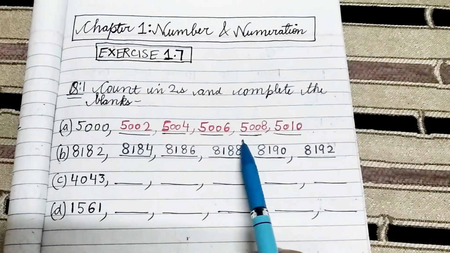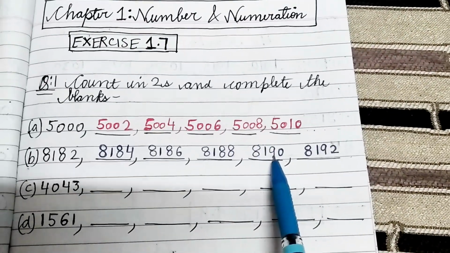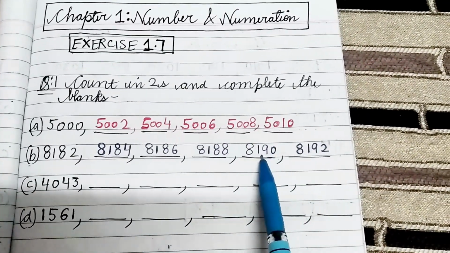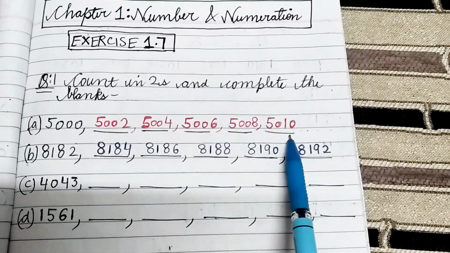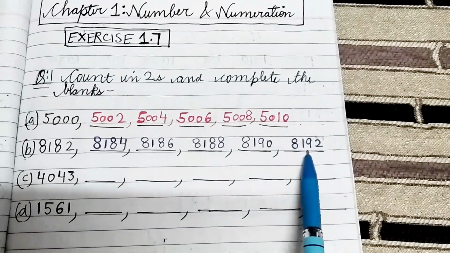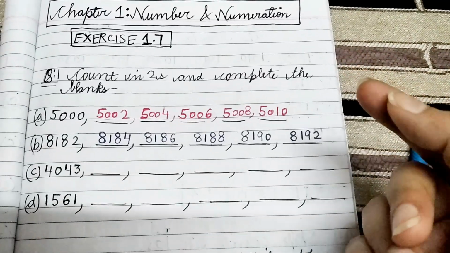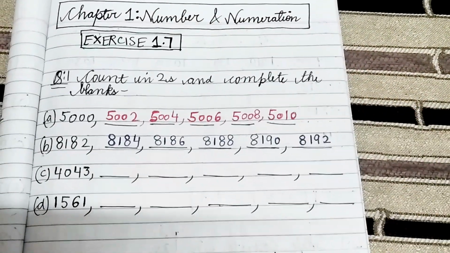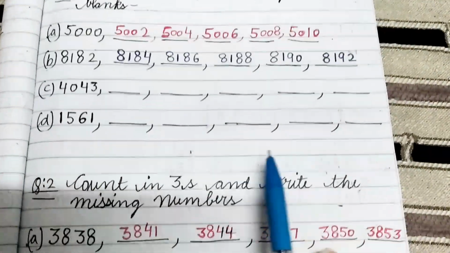Then 8,189, 8,190. Then again proceed from this number. 8,191. This you have omitted. Then you have written 8,192. I hope you have understood. You can make use of your finger also in counting the numbers. Okay. So these two parts, C and D, you will try on your own.